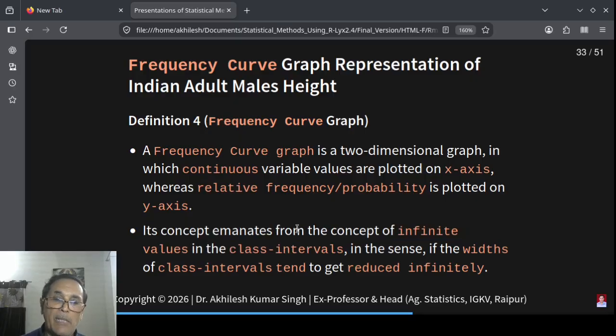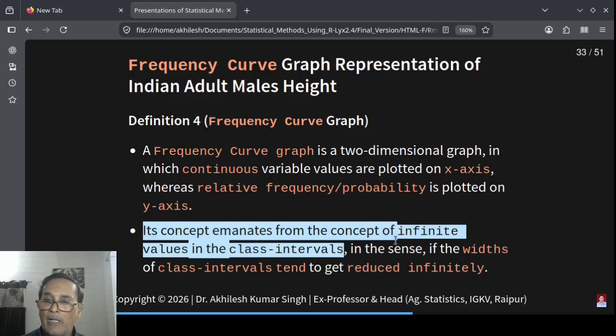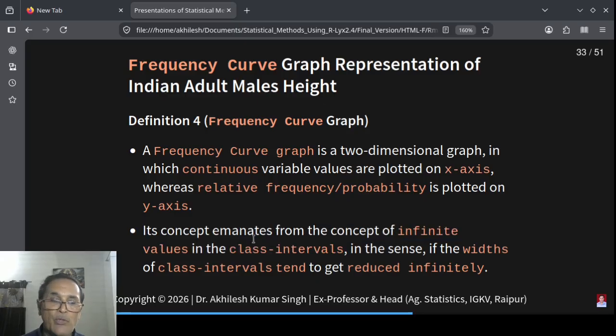We have already said many times that there may be infinite values in the class intervals. In the sense that the widths of the class intervals tend to get reduced infinitely.